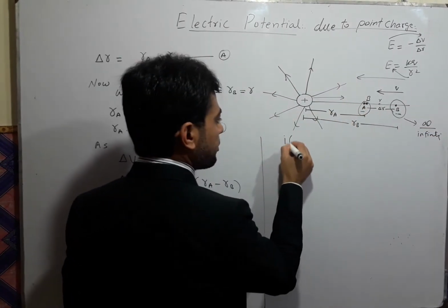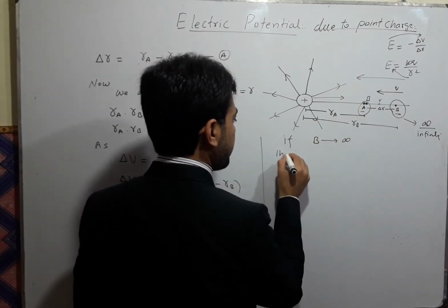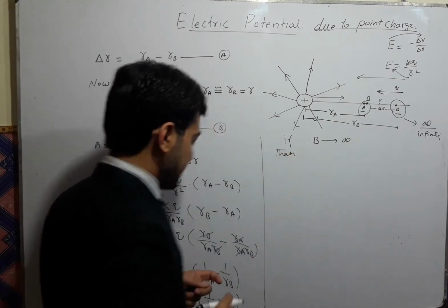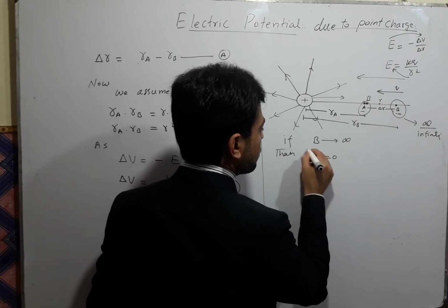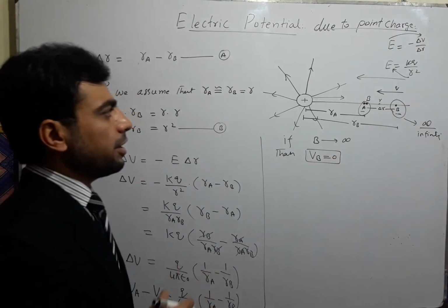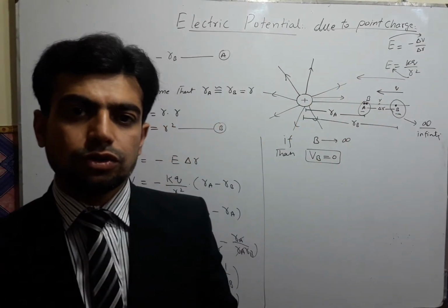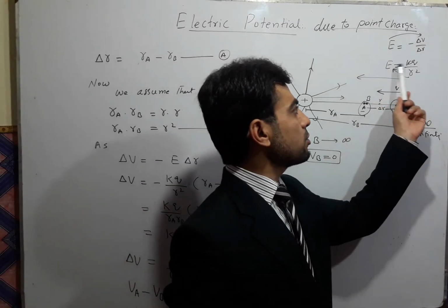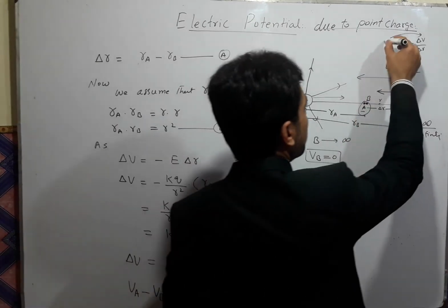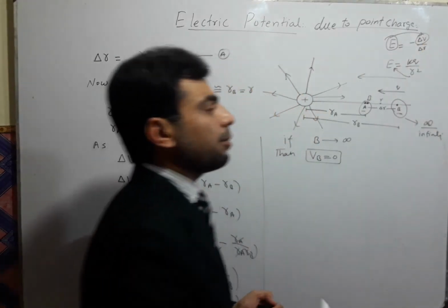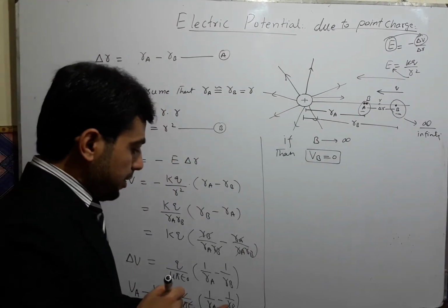If point B approaches infinity, then the potential at B must be equal to 0, because at infinity the electric field of that charge must be equal to 0. If the electric field is 0 at infinity, then the electric potential must also be 0.